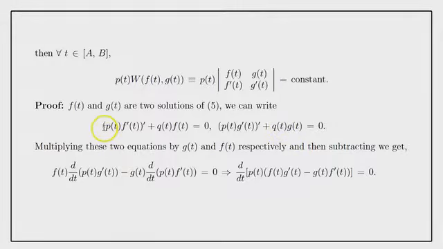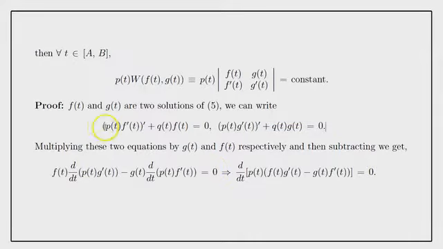If you multiply the first equation by gt and the second equation by ft and then subtract, you can find this result: ft times d/dt of (pt g dot t) minus gt times d/dt of (pt f dot t) is equal to 0.